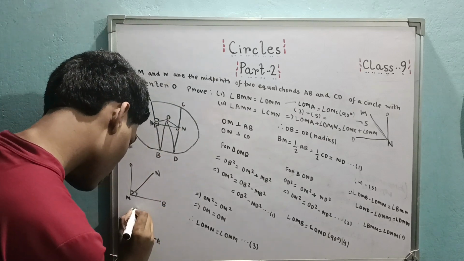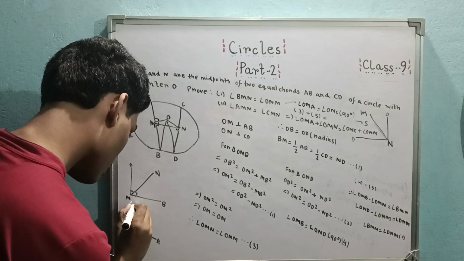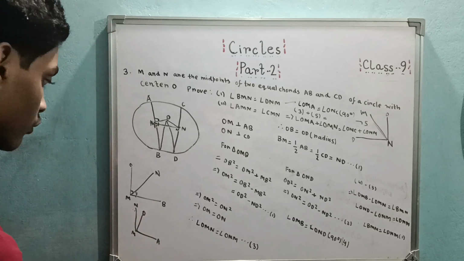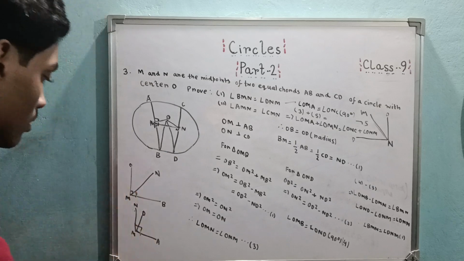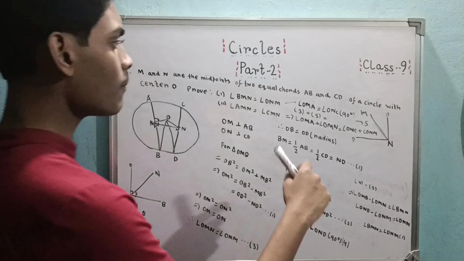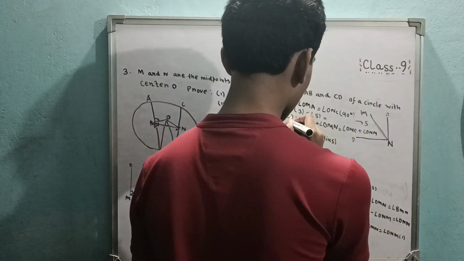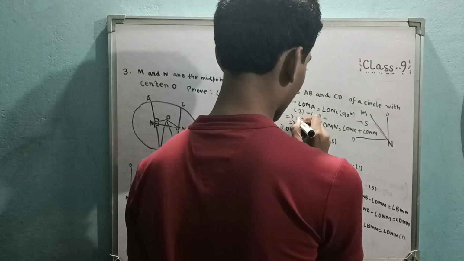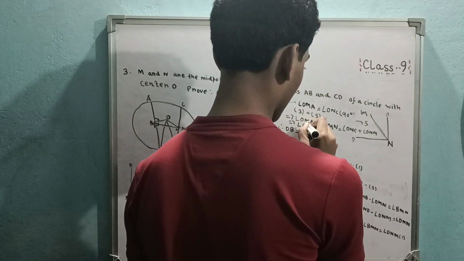Suppose here another segment N. If you have these two angles, what is this? AMN. So OMA plus OMN is equal to AMN.